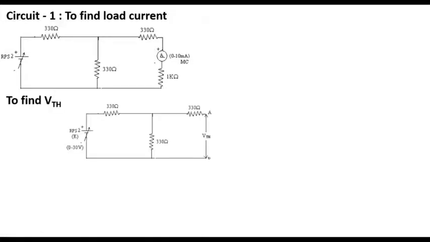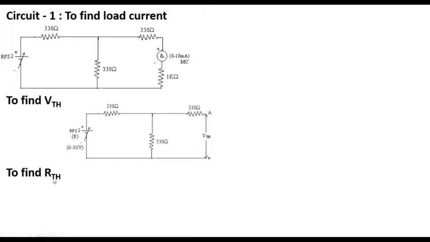To find the open circuit voltage, since it is your load resistance, you will remove this load resistance and make this an open circuit. Across these 2 points, A and this point, you need to measure your VTH, the open circuit voltage, using your voltmeter or multimeter.